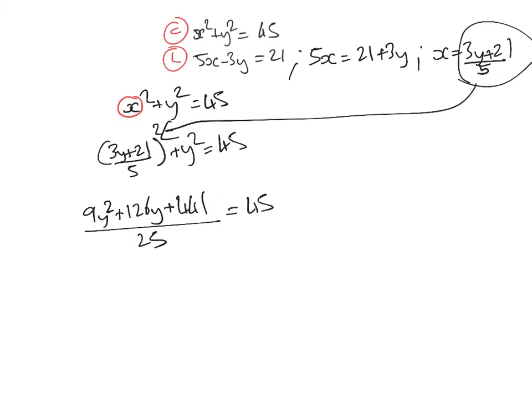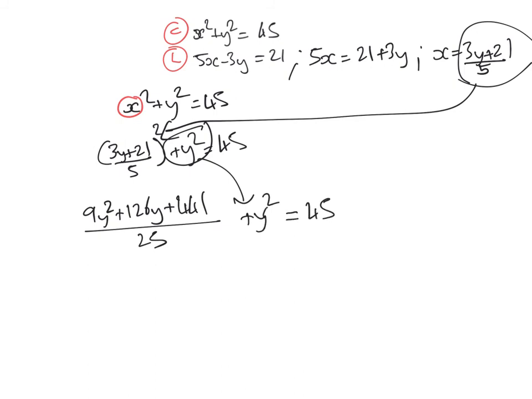Oh, hang on. We've missed something, haven't we? Bad, Mr. Moss. Where's the y squared? Because if I make this mistake, it's possible you could make it as well. Don't forget this thing, plus y squared equals 45.